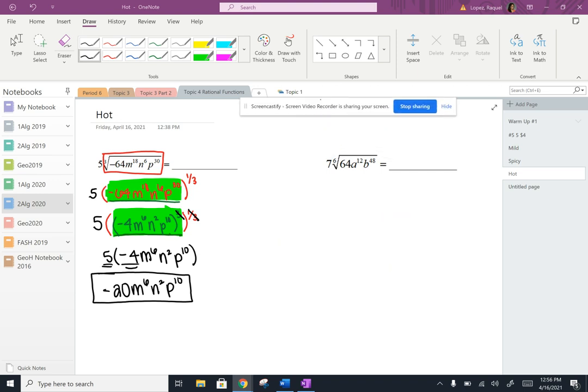So again, that 7 is going to come along for the ride, and we'll take care of that at the end. We're going to rewrite this first part as an exponent. So I'm going to write 64, a to the 12th, b to the 48th, all raised to the power of 1/6, because that's how I rewrite that root.